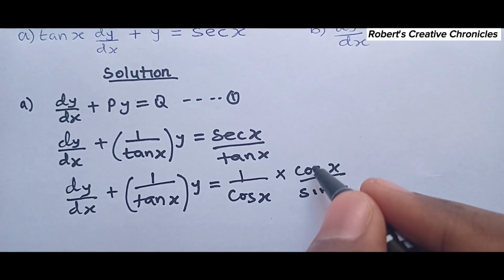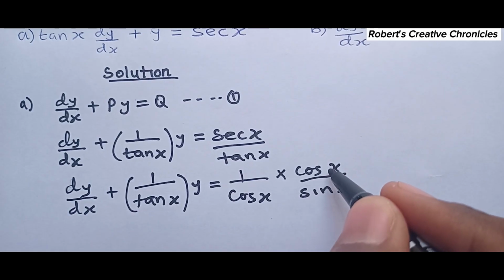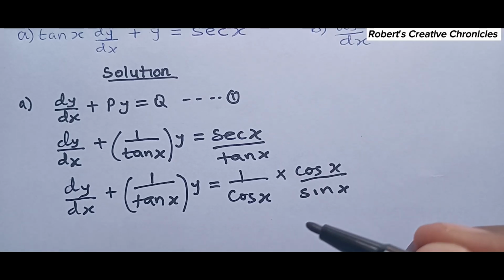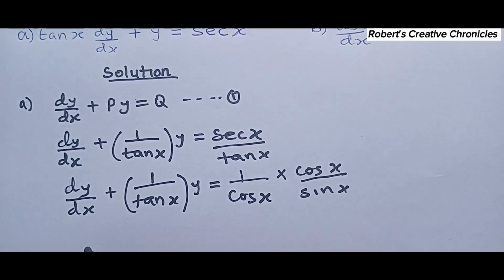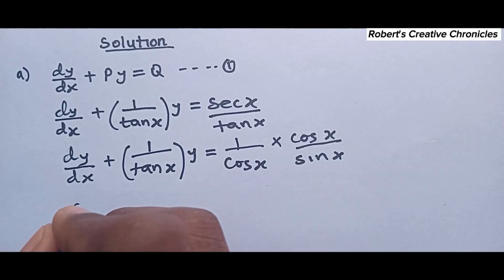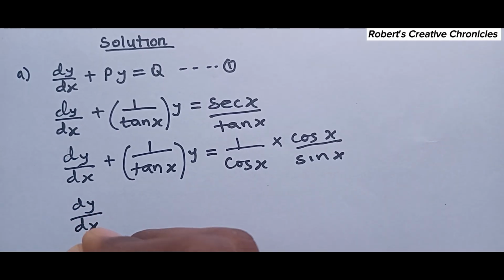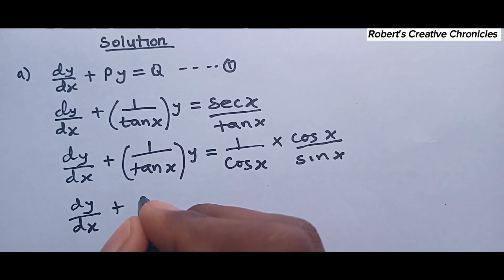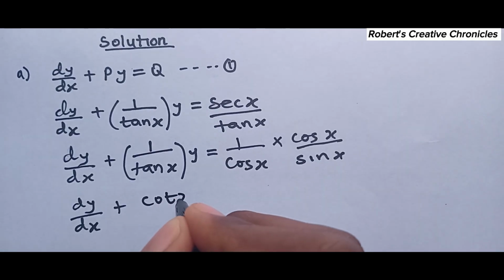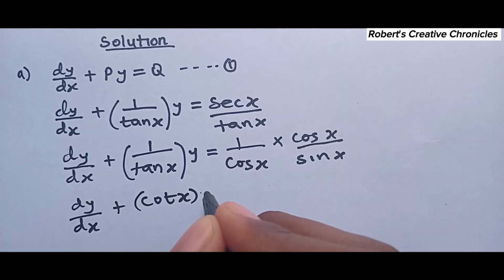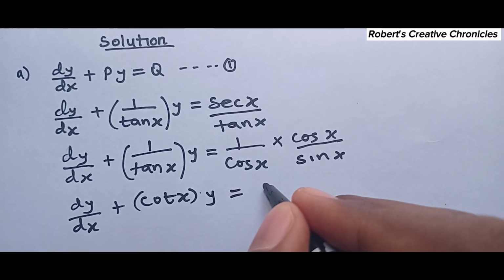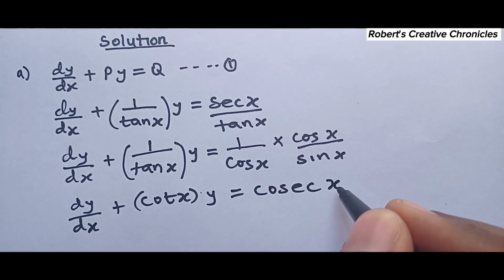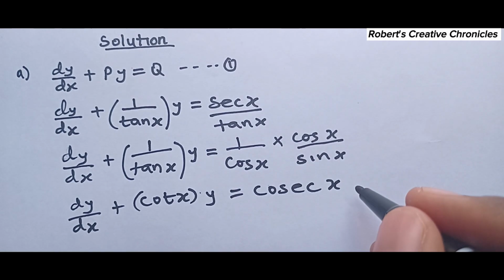Formerly it was divided by sine x over cos x, but if you multiply, it gives you cos x over sine x. Now this cos and this cos will cancel. It becomes dy over dx plus, this 1 over tan is cot, so it becomes cot x y equals 1 over sine, which is cosec x. So this is the equation.